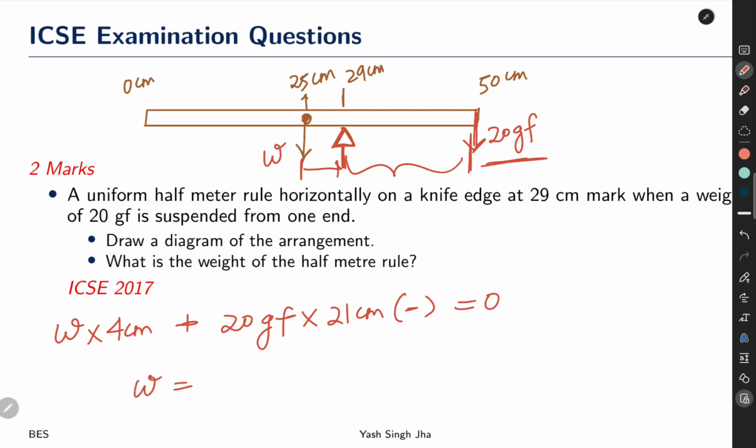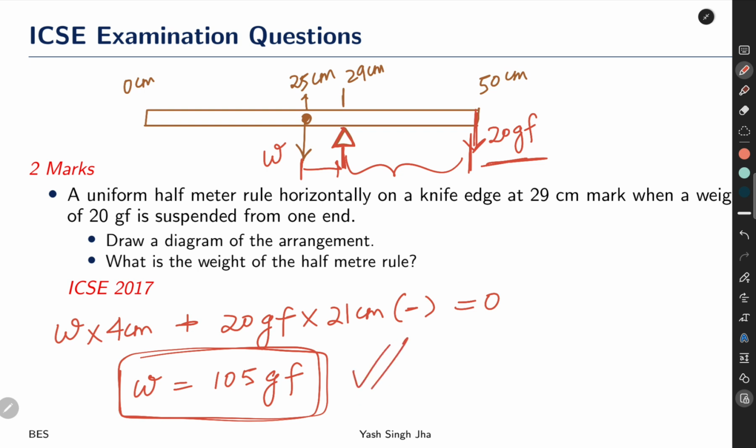So the weight turns out to be 105 gf. Please check the answer yourself. Draw the diagram and find the weight of the half meter rule.